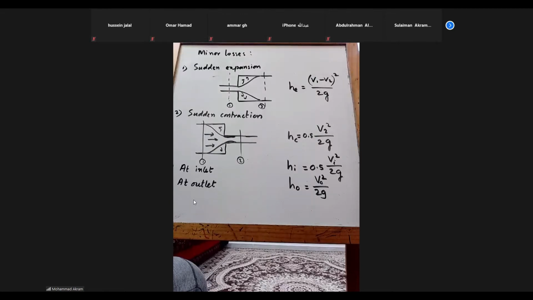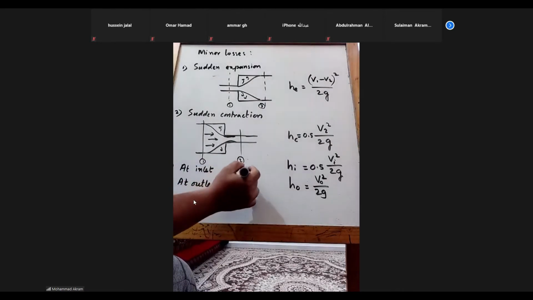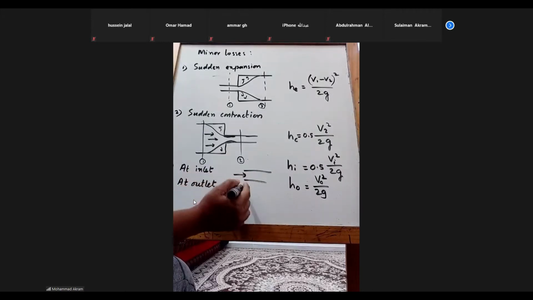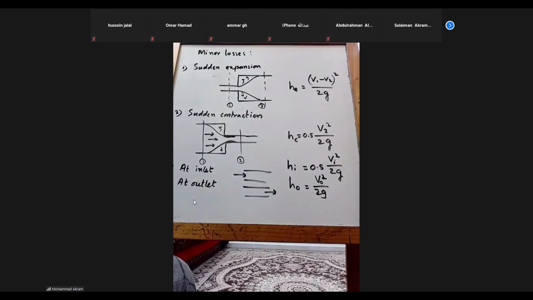Doctor, what is inlet and outlet? Inlet, for example, if there is a pipe, the liquid is coming from some inlet, right? Yes, inside the pipe. This is the outlet, when the liquid is going out.